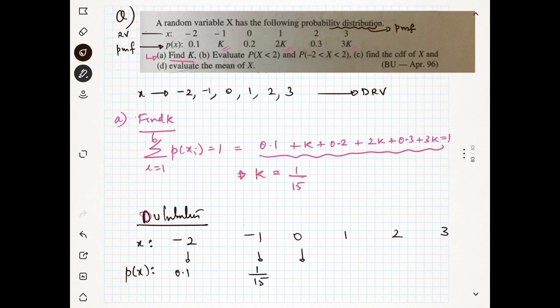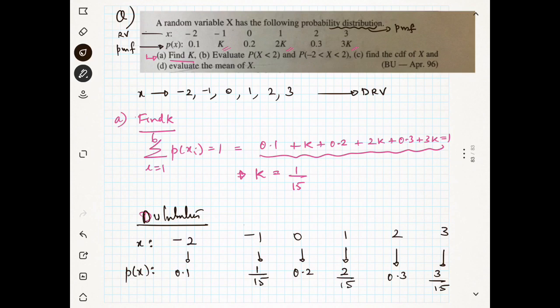And what about 0? 0 is 0.2, and this is 2k, so it is 2 by 15. Then this is 0.3, and this is 3k, this is 3 by 15. Now if you sum all these things you will get 1. You can check it.